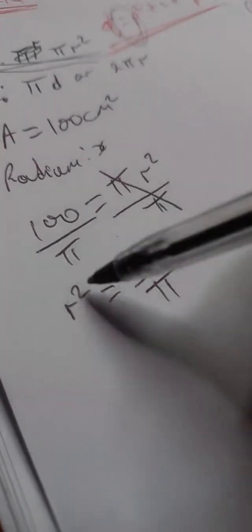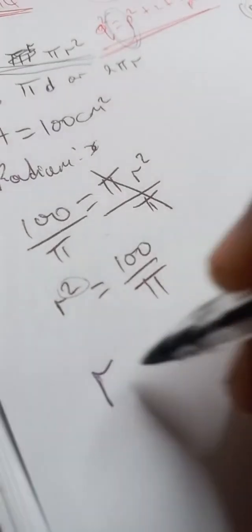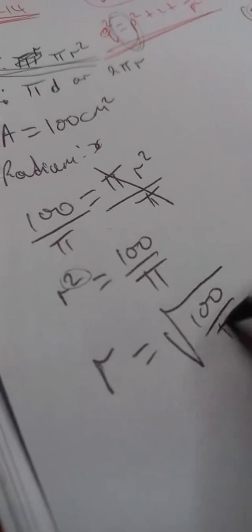Now, we want to remove this guy, so it's going to be r is equal to the square root of 100 over pi.